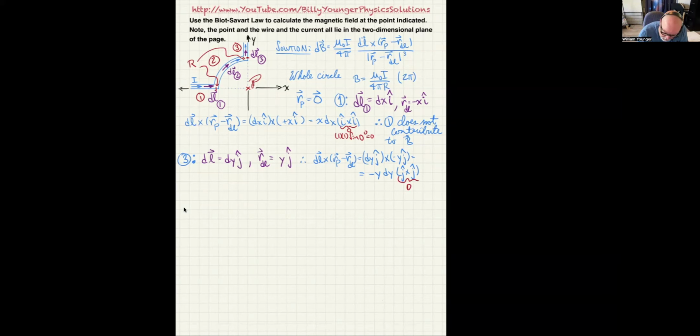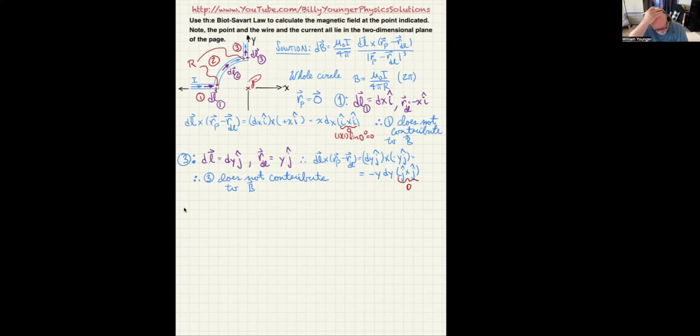So again, we see, therefore, 3 does not contribute to the magnetic field.